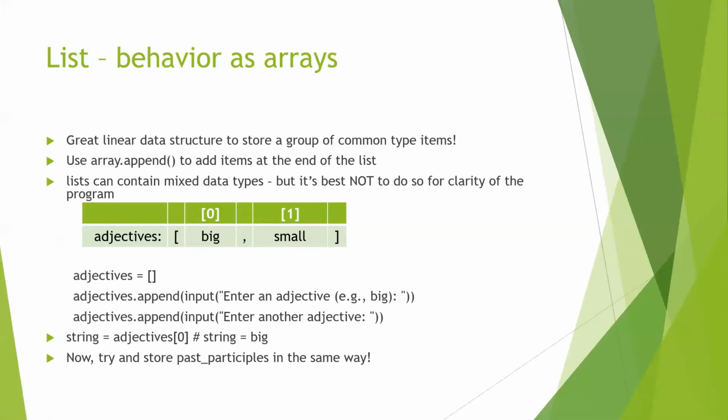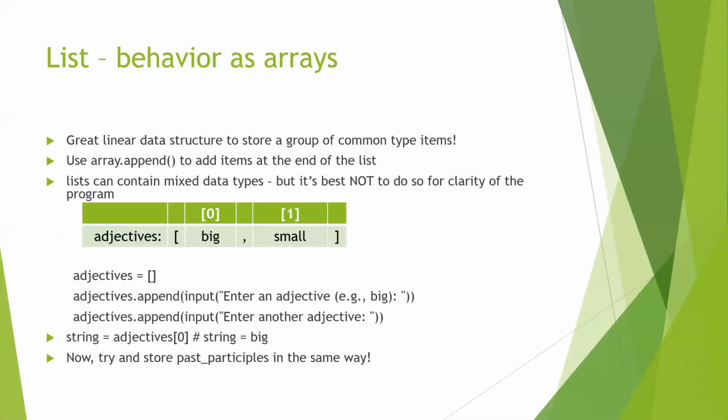To declare an array, you start with the name of the array, just the name of the variable in essence, and equals a square bracket. Then if you want to append information to the array, you just use array.append, and inside goes the particular type of data that you want to append to the end of this array.